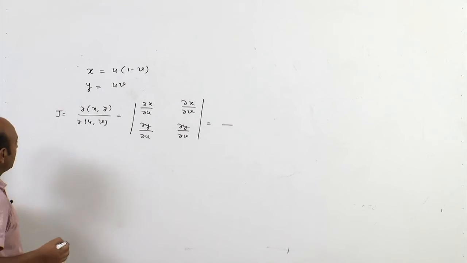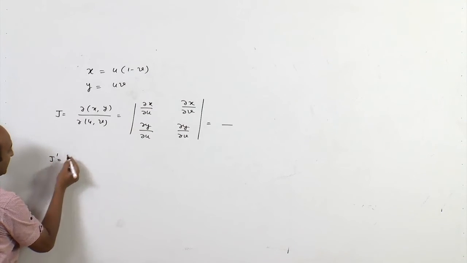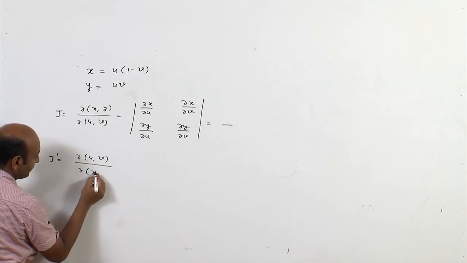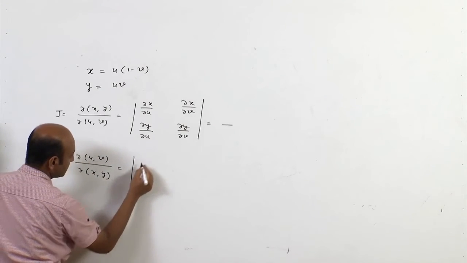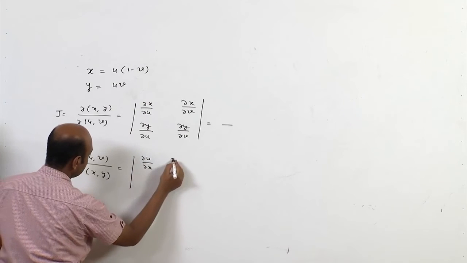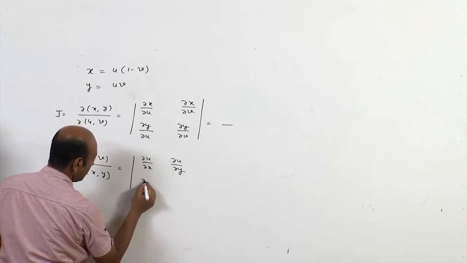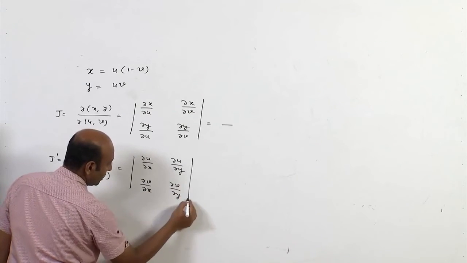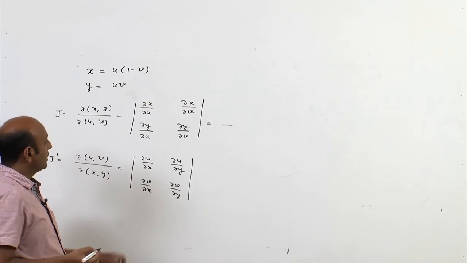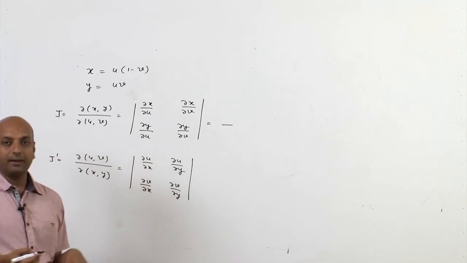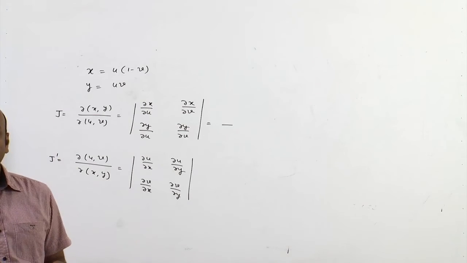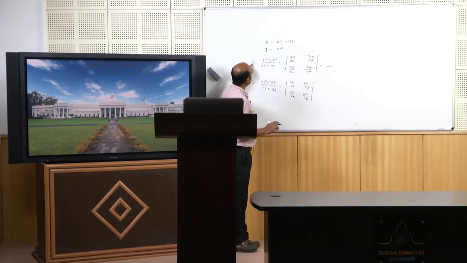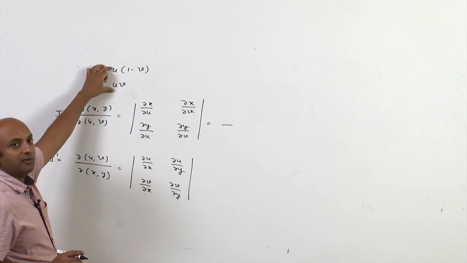Now, j dash, which is the reciprocal of this, is del of uv upon del of xy, that is del u upon del x, del u upon del y, del v upon del x and del v upon del y. Now, first you have to express u and v in terms of x and y, then only we can compute j dash. For j we have no problem because x and y are already in terms of u and v.